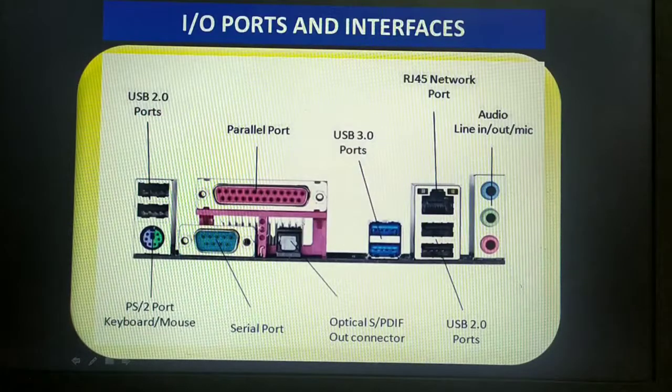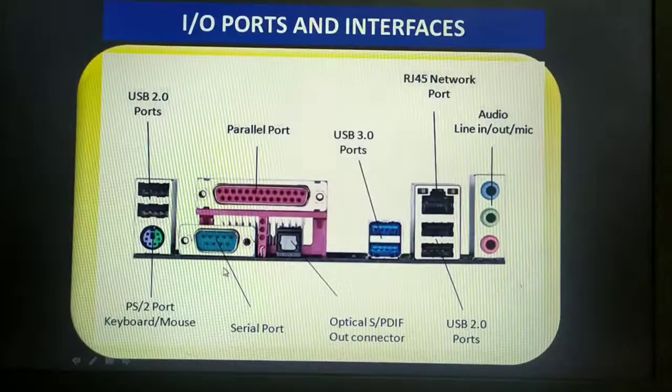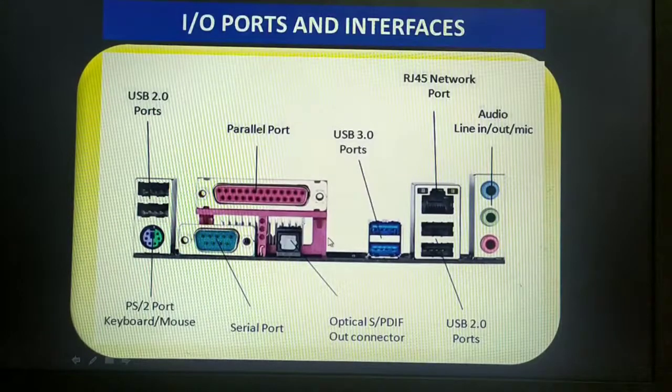The parallel port is used to connect printers or scanners, and the serial port allows you to connect a modem. Other ports are used for audio or speakers. This is the RJ45, the Ethernet port. So there are different kinds of ports available on your computer system in order to connect external devices.